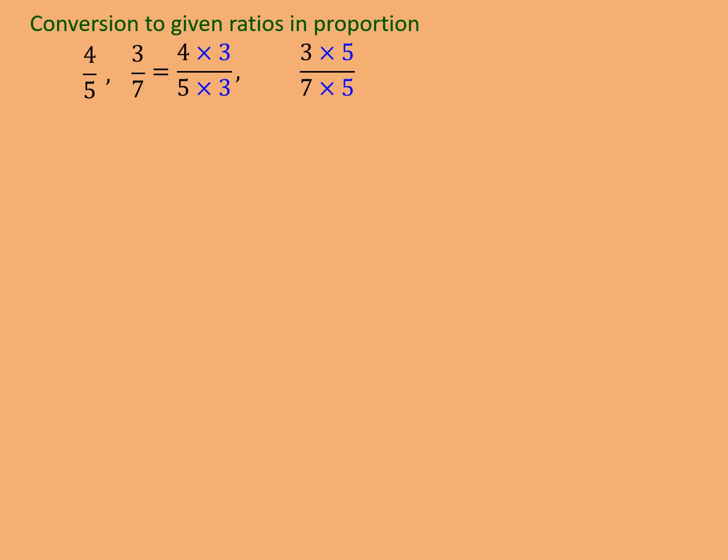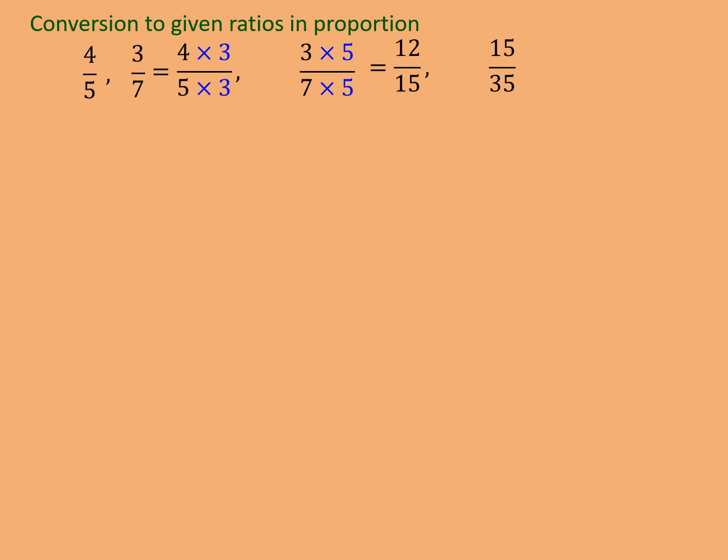So 4 into 3 over 5 into 3, and the second ratio gets multiplied by the successor of the first ratio, that is 3 into 5 over 7 into 5, which when we simplify gives 12/15 and 15/35.